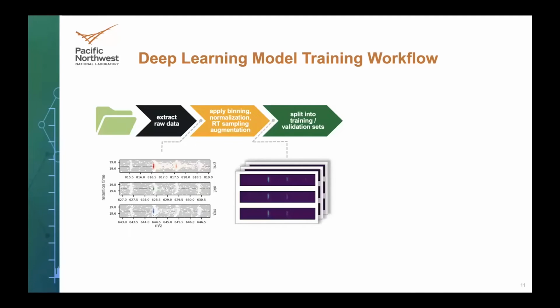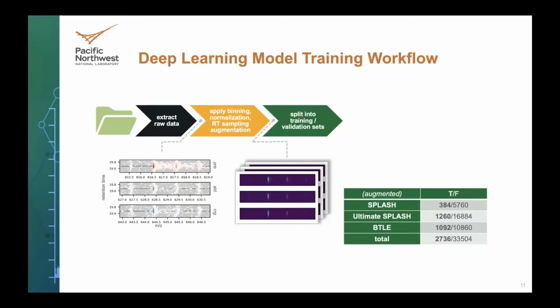So then we apply some binning and normalization to get those into a uniform size and shape that'll play more nicely with the downstream machine learning architectures. We also do some data augmentation by jiggling around the retention time dimension. That's to give us a lot more training examples and hopefully make the model a little more robust to slight shifts in retention time.